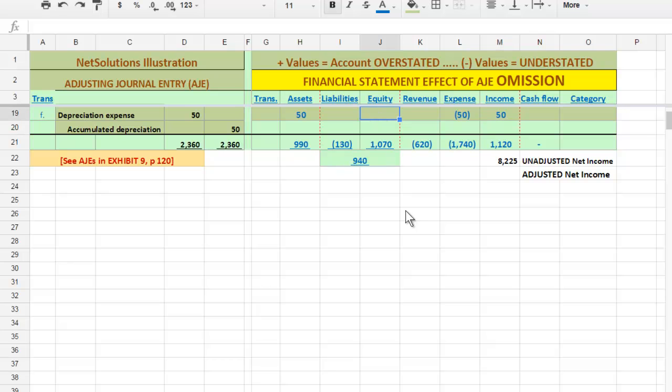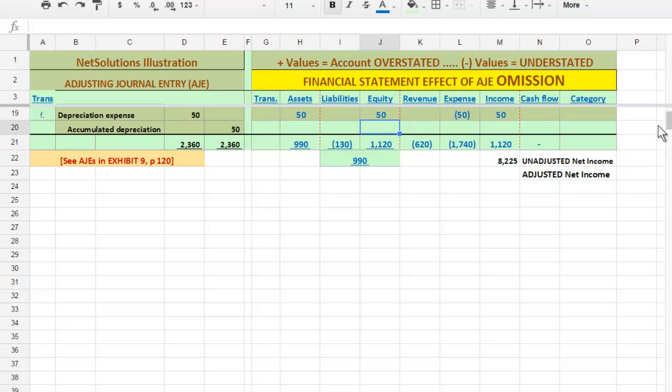And if we overstate net income, we have overstated the earned capital. Now, since assets equal liabilities plus owner's equity in our spreadsheet, we are complete in explaining the effect of omitting a depreciation entry. And that is, we would have overstated assets, understated expenses, and overstated income and equity.